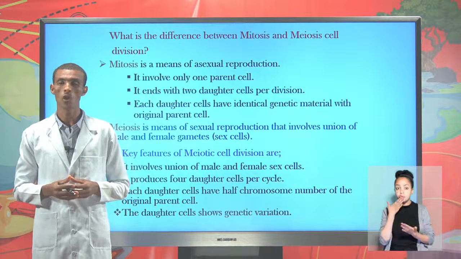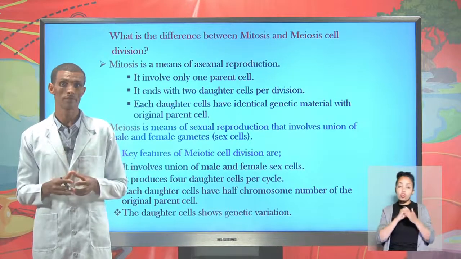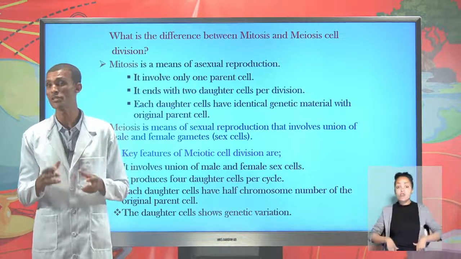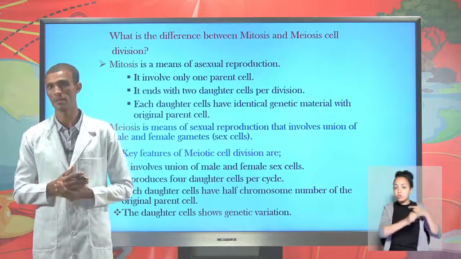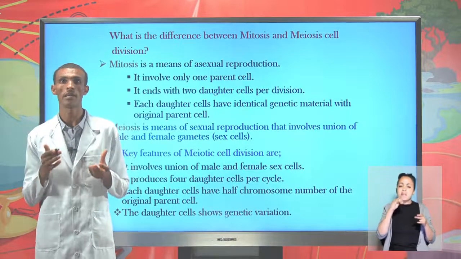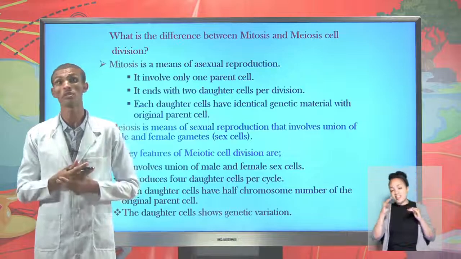Well done. All organisms divide to ensure the continuity of their kind or species over generations. This can be carried out by mitosis and by meiosis cell division.